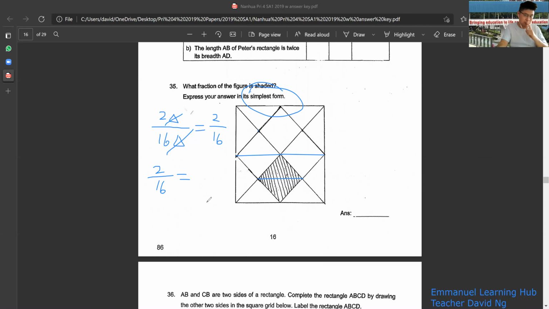Is 2 over 16 the simplest form? No. So what is the simplest form? Your multiplication timetable again. You know how to get your simplest form?